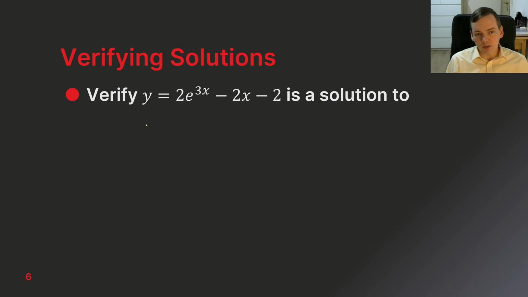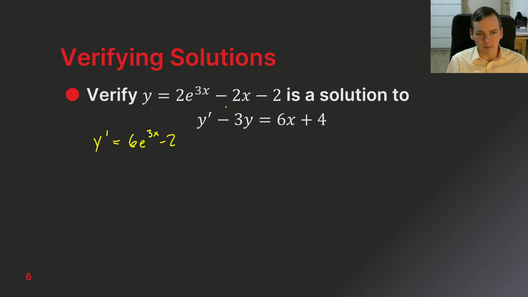You can also do this by calculating the derivative first and then plugging that in directly. So for example, I can say, well, I know that y prime from this equation up here is going to be 6e to the 3x minus 2.